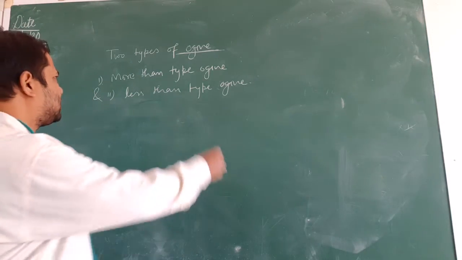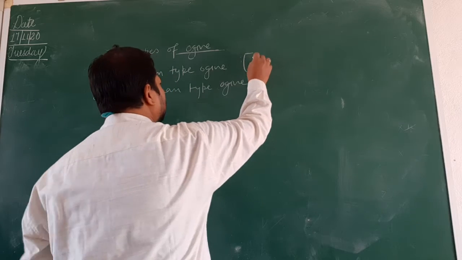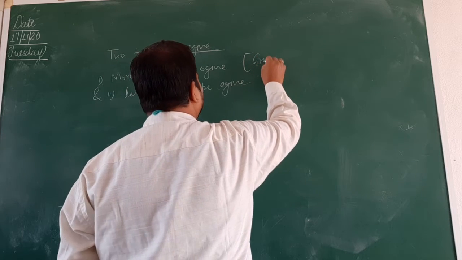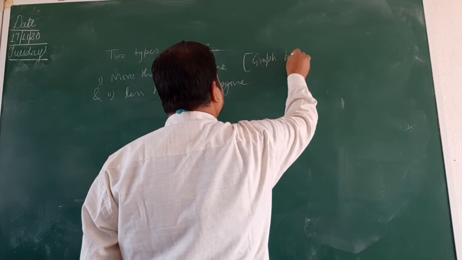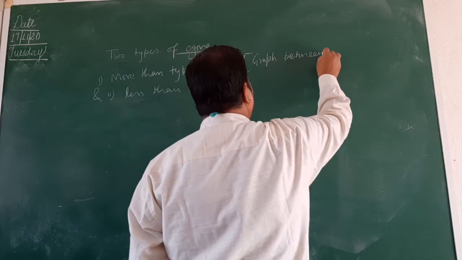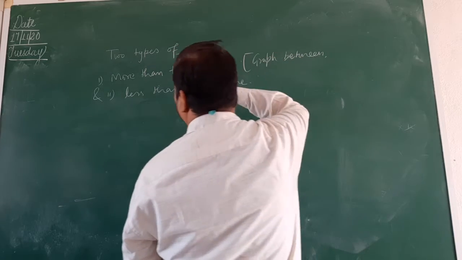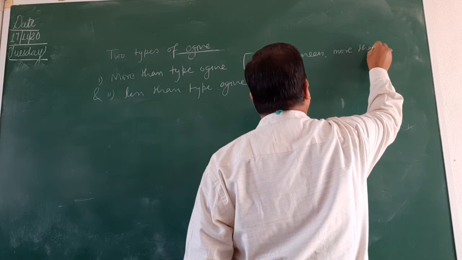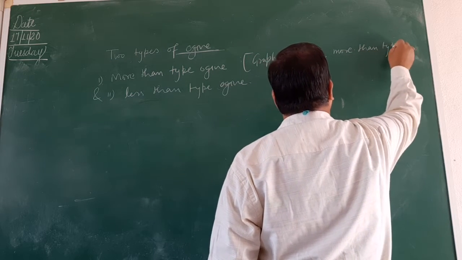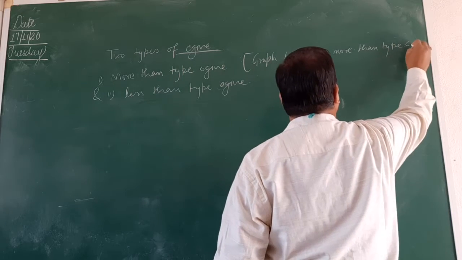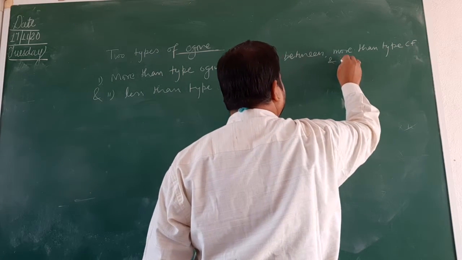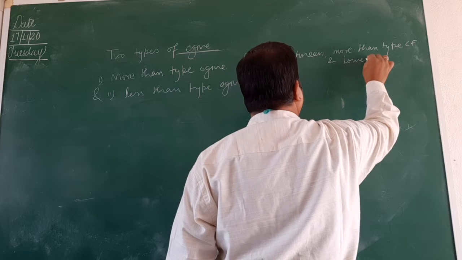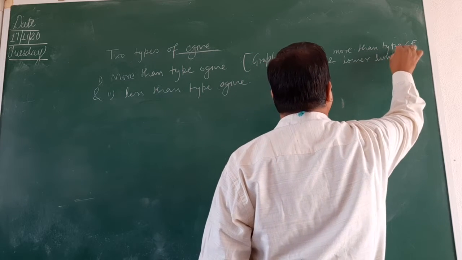Okay, so this graph is drawn between more than type cumulative frequency, more than type CF, and lower limit. Am I right?